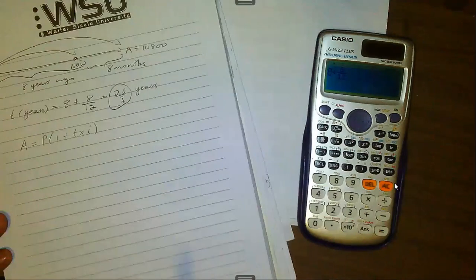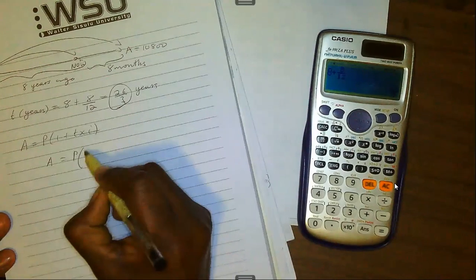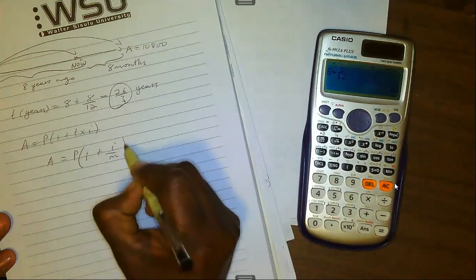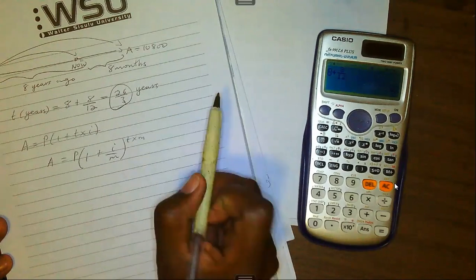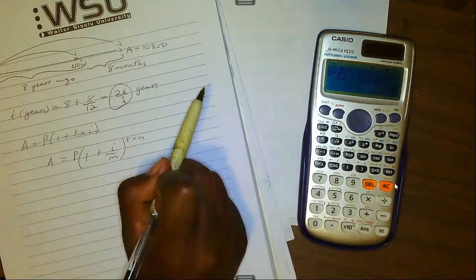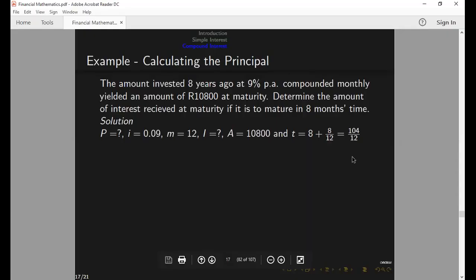Now let's go back to the statement. The question now says, determine the amount of interest received at maturity if it is to mature in 8 months. So we want to know the amount of interest, that is the objective.